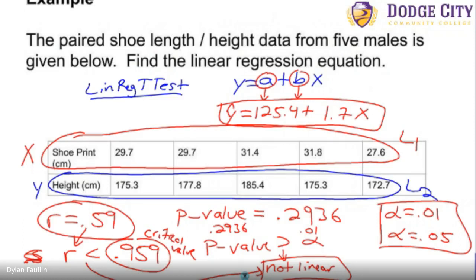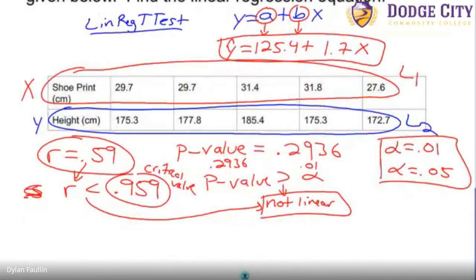That make sense? So yeah, maybe a good way to write that would be if R is less than critical value. Now, in all these examples, we always seem to get R's that are positive. And I think that kind of happens on the homework a lot too. But R can be negative, right?